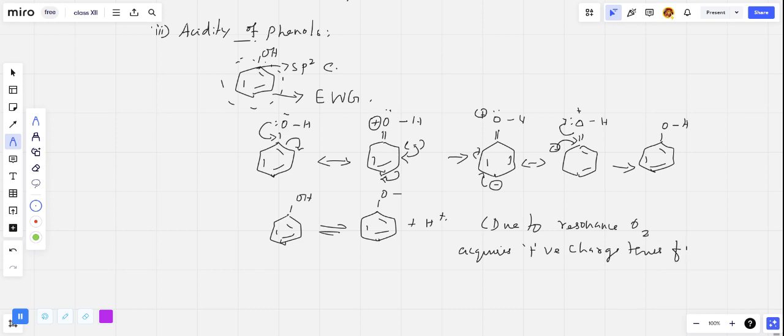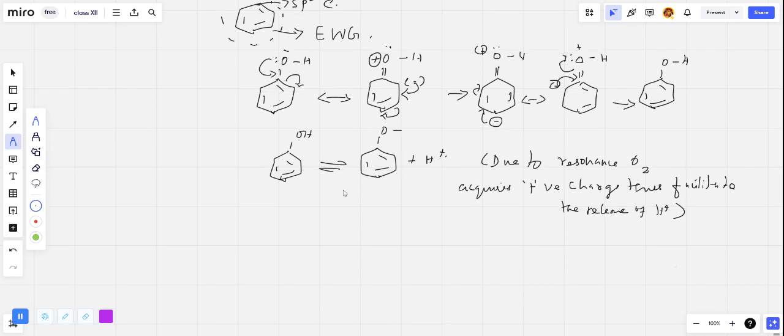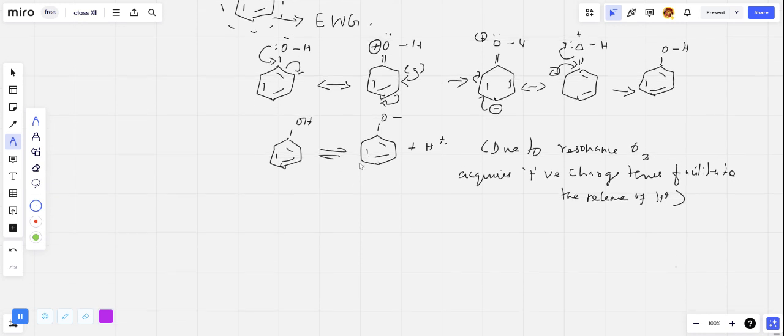This facilitates the release of H plus. Then we will get this phenoxide ion. This is phenoxide ion. Phenoxide ion is also resonance stabilized.